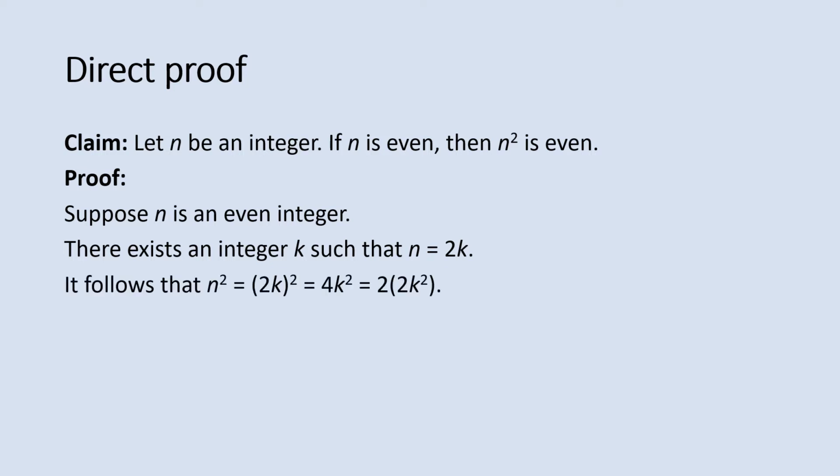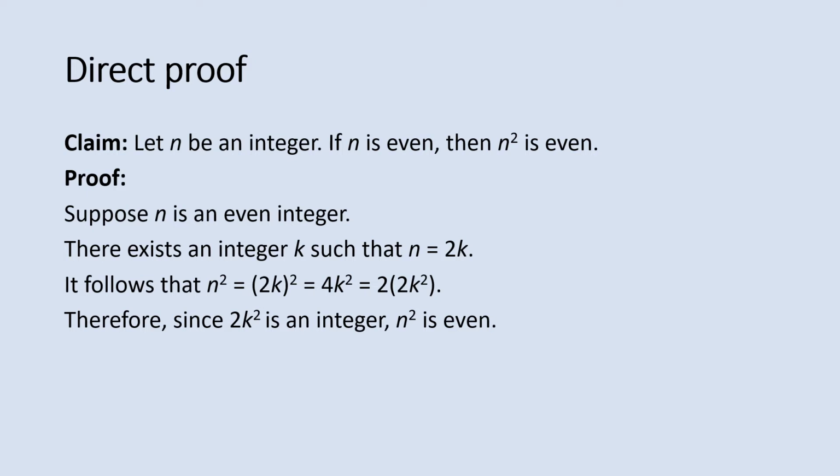Then we square n. So n squared then is the quantity 2k squared, which is equal to 4 times k squared, and we can factor out the 2. So 2 times the quantity 2k squared. At this point, we have n squared is equal to 2 times something.